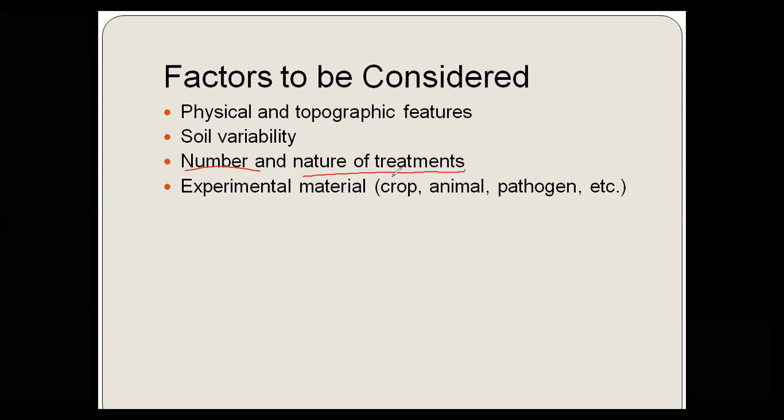We will have to adhere to some kind of criteria. Then experimental materials. We talked about this earlier, controlling the unexplained variability: crop, animal, pathogen, etc. So it depends on the experimental material also. What material we are going to use, we have to consider well in advance.